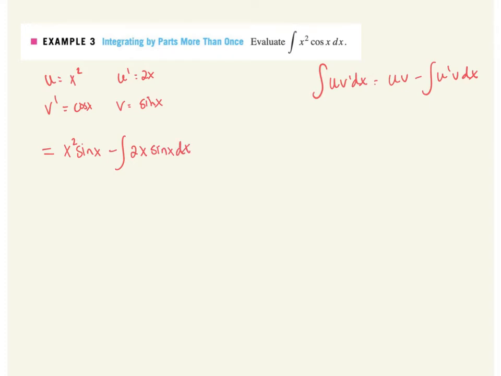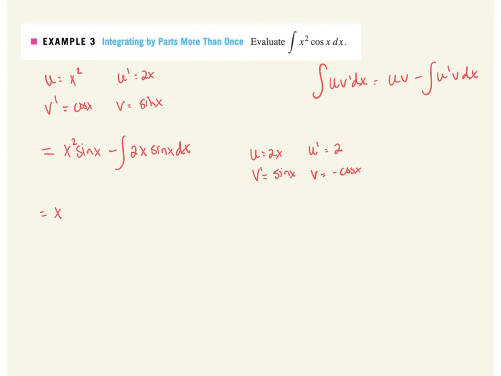Okay, so I can't derive or anti-derive that integral as it is. I have to use integration by parts again. So again, my u is 2x, my v prime is sine x, so my u prime is 2, and my v is negative cosine x. Careful with your signs here.